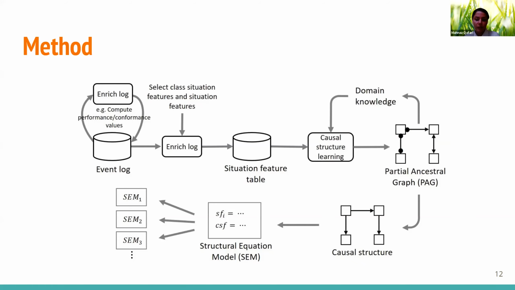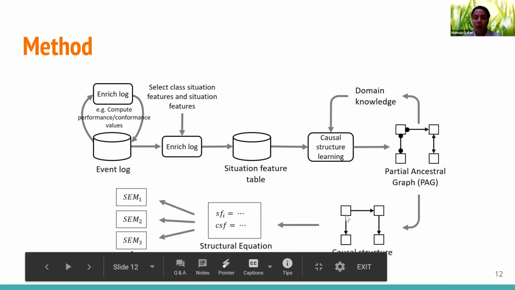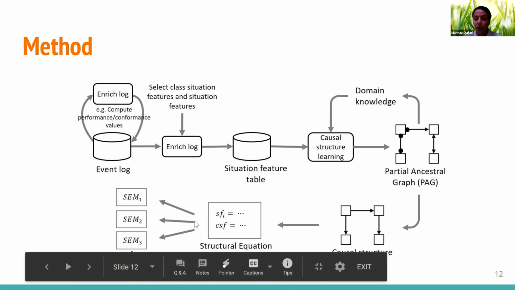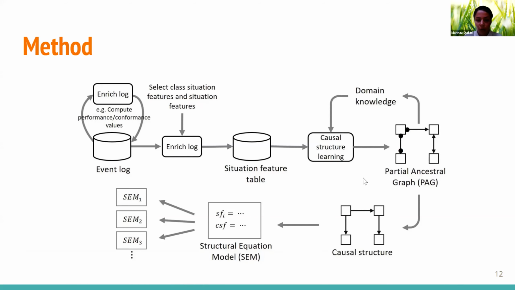And for that, we need to use domain knowledge. When we find the causal structure of our data, we can model every node by its parents and find the structural equation model of our data.